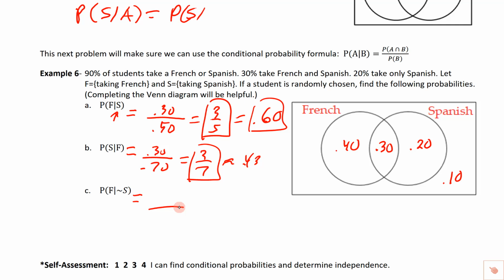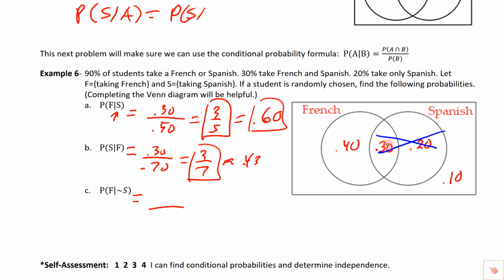Wouldn't you just take out anyone that's taking Spanish at all, so you just get 40%? You're kind of on the right track, okay? This is going to have something to do with it, but we're not quite there. Dane? Because the only people that aren't taking Spanish are the 40% and the 10%, and the 40% are taking French, so it'd just be like 4 out of 5.